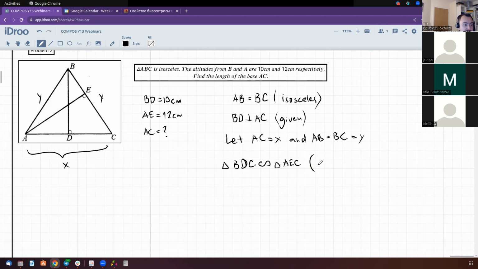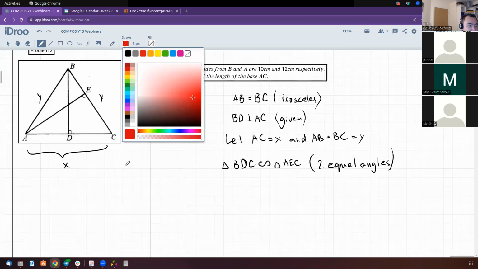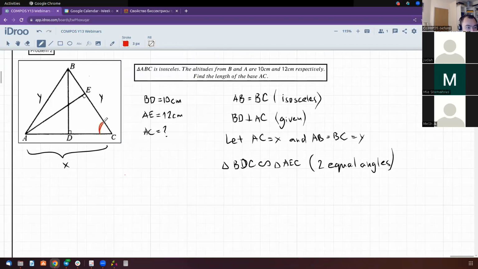Because they have two equal angles. How do I know they have two equal angles? Well, they have a common angle and they have a 90-degree angle. If two angles of a triangle are the same, that means the third one is equal as well. Okay, equal angles.